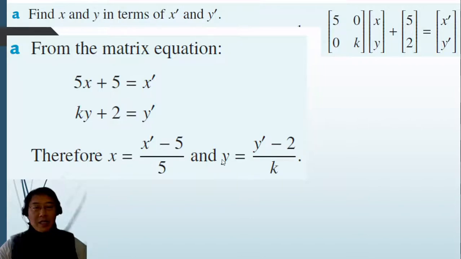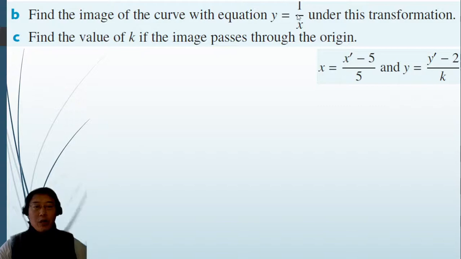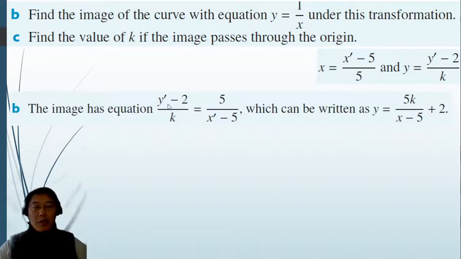We're leaving x and y as the subject for part B, as we know the equation that we need to transform is y equals 1 over x. We substitute those expressions and we make y prime the subject. We end up with this equation, and the primes have been removed.